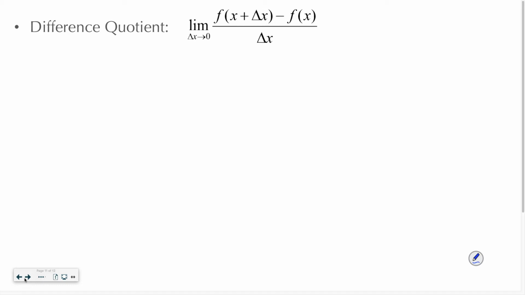So, the function we're going to do, I'm going to keep it linear, is 2x plus 1. I feel like everything we've done today has been fairly basic.